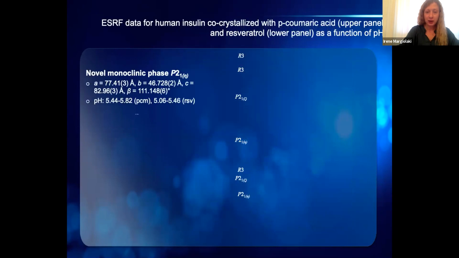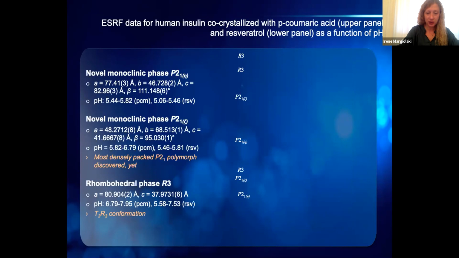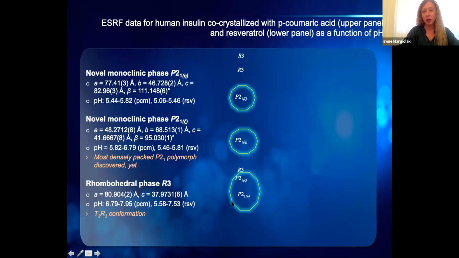After collecting lots of data at the ESRF, we saw that for the first polyphenol, we have 3 phases, R3, P21 zeta, and P21 beta, whereas for resveratrol, we have again the same phases appearing at different pHs.